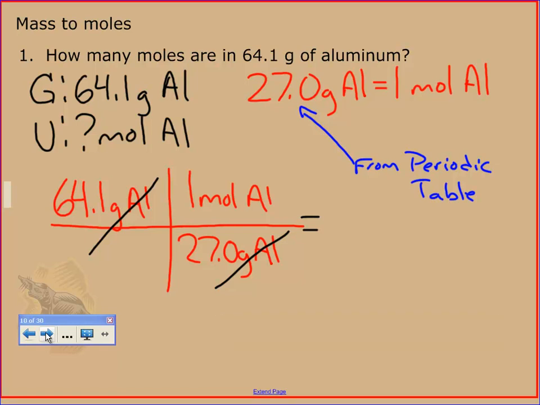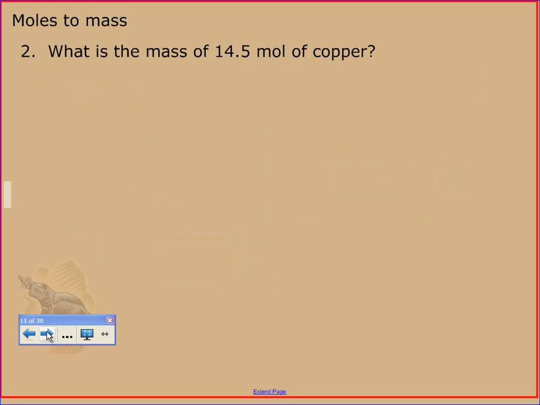Remember, much like last time, you need to make sure that you punch it in the calculator correctly. Stuff in the numerator, you're going to divide by the stuff in the denominator then. So 64.1 divided by 27.0, round to 3 sig figs in this case, and we get 2.37 moles of aluminum.